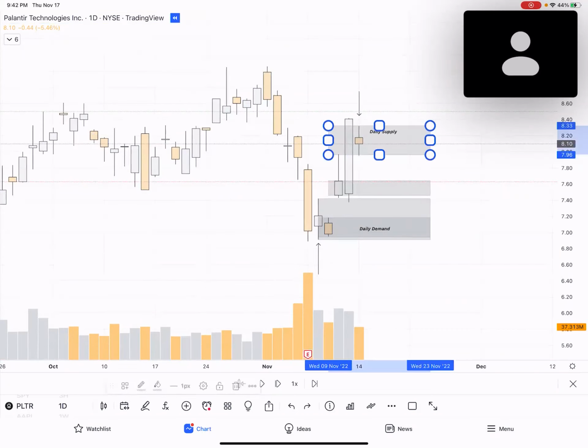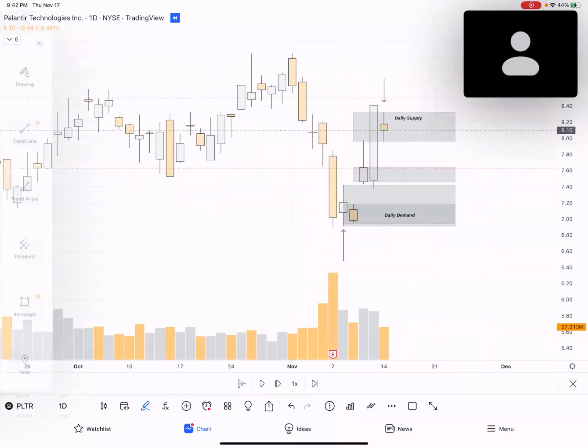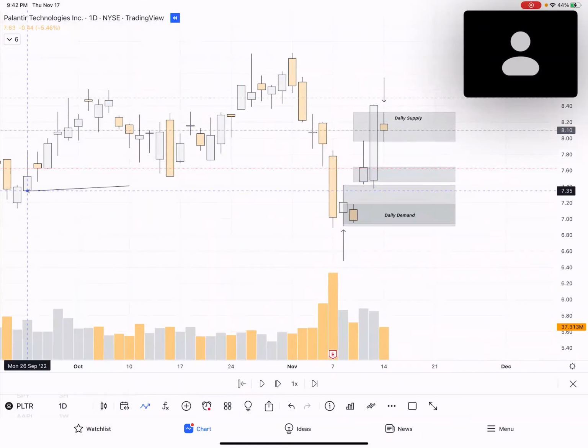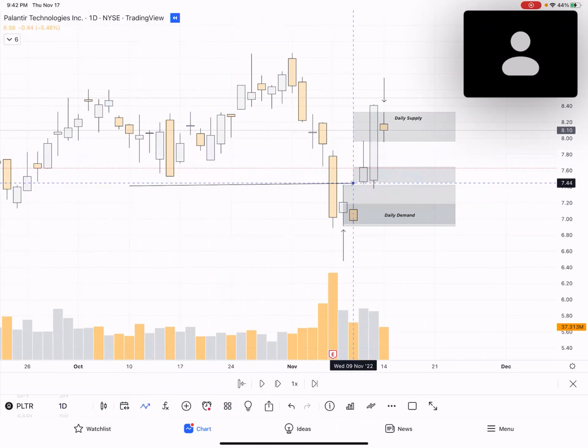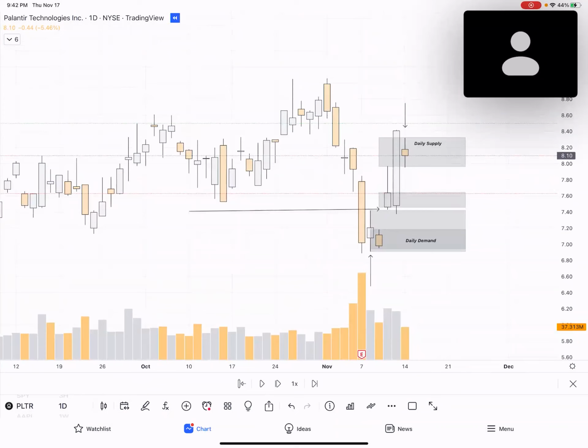When I look to the left, I can see that price action has swept all of these stops here and broken structure to the downside. On the higher time frame, we currently have a bearish bias because of this big Marubozu sweep towards the downside.